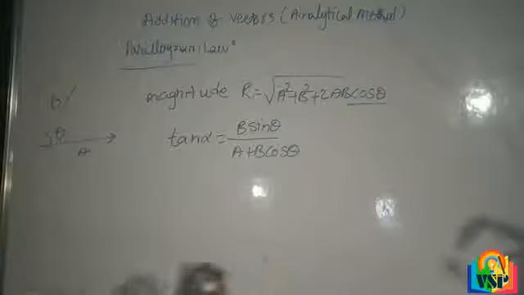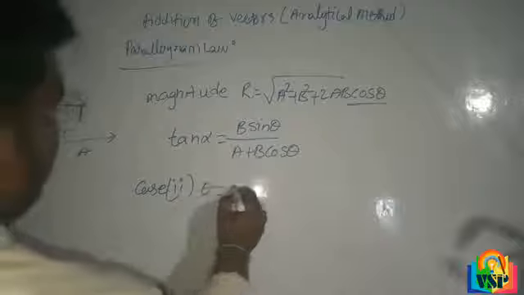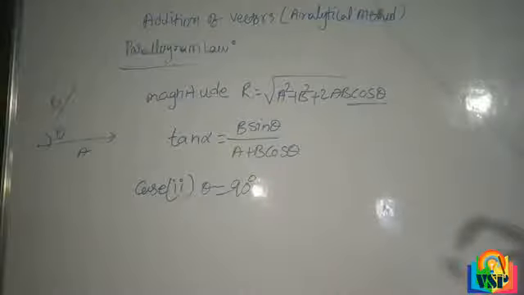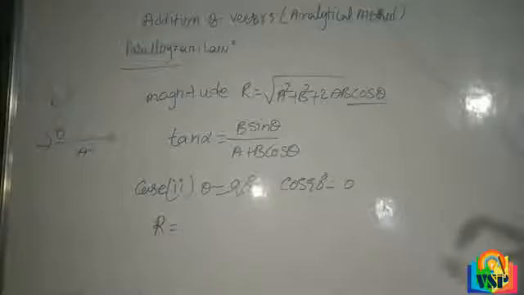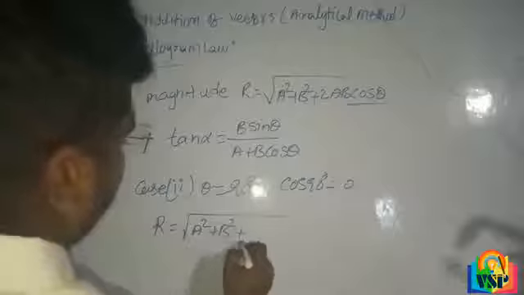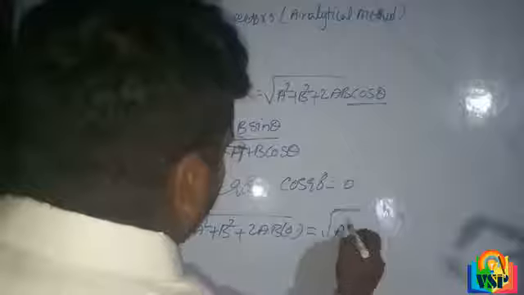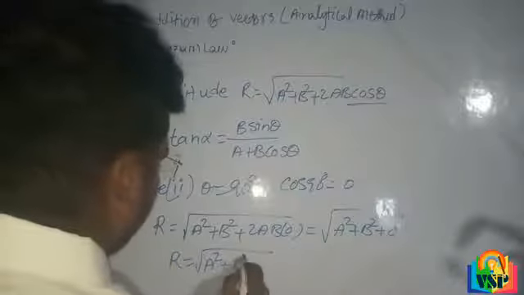Second case, the angle between them is 90 degrees. Case 2, theta is equal to 90 degrees. Cos 90 degrees is equal to 0. Magnitude R is equal to root of a square plus b square plus 2ab into 0, which becomes a square plus b square.